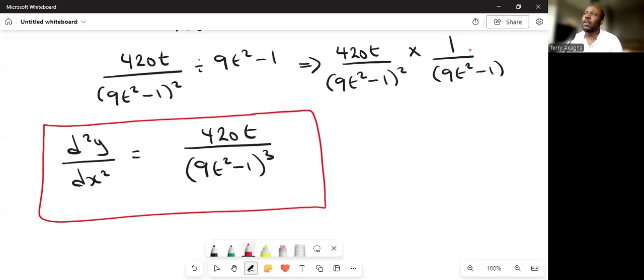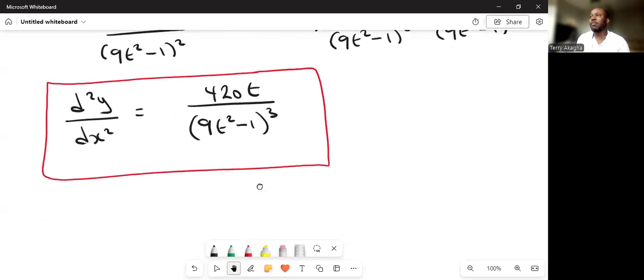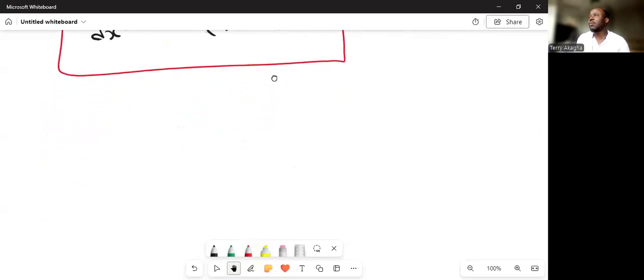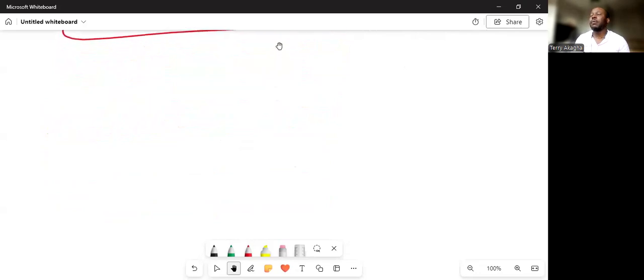But the question is not asking us to just find the second derivative. It's asking us to find the nature of the second derivative. So if you now go to step 7.4, or step 7 i, I told you, in order to find the nature, you have to substitute the t values to determine the corresponding xy coordinate. We already found two things.